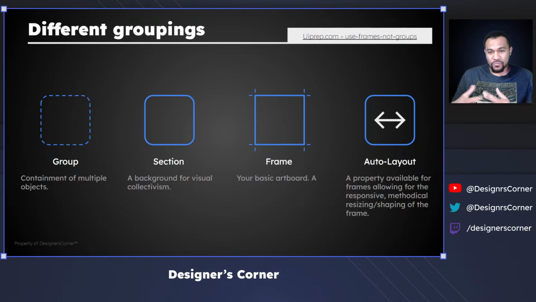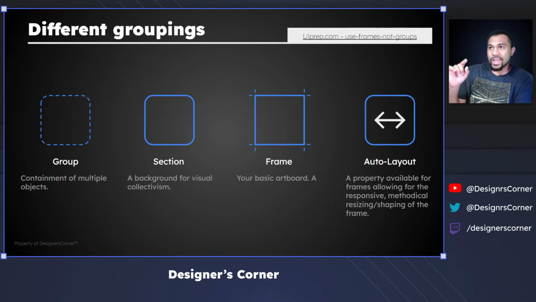And you also have frames, which is the square that we just drew a second ago. These are going to be your artboards. In other programs they use artboards; in Figma, they use frames. And again, artboards are different from frames because everything in Figma is essentially a group. Just remember that. And then we have auto layout.